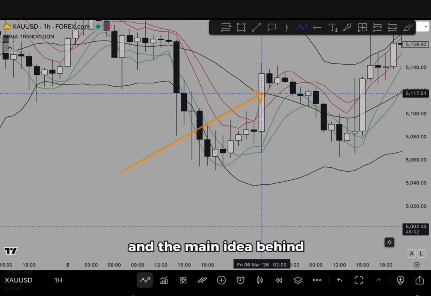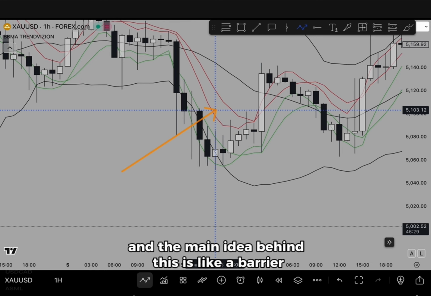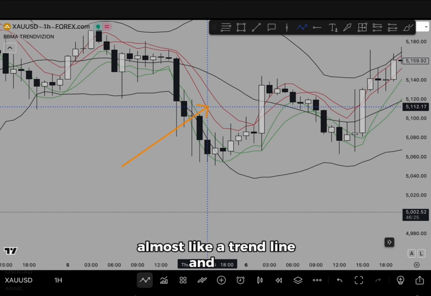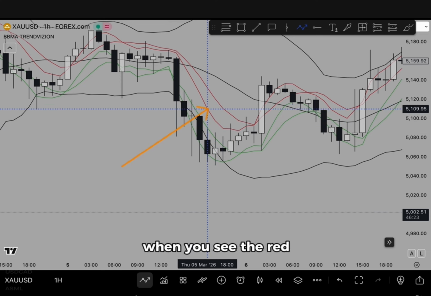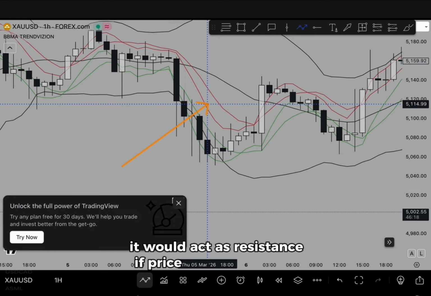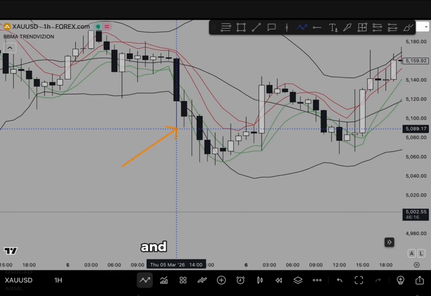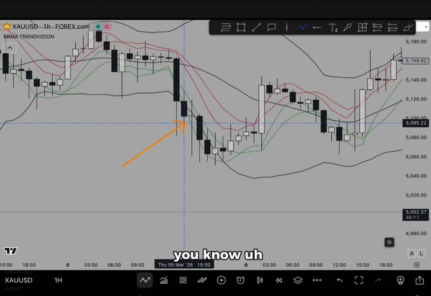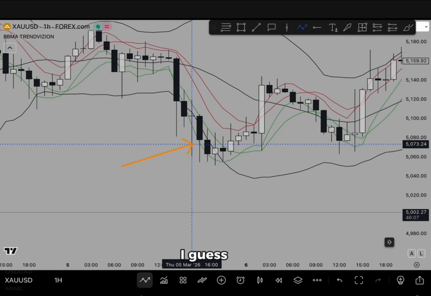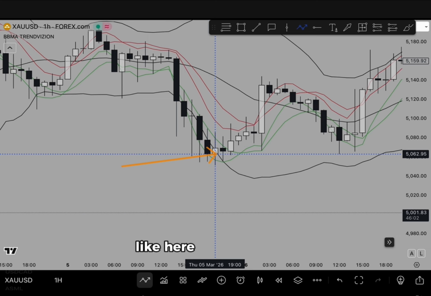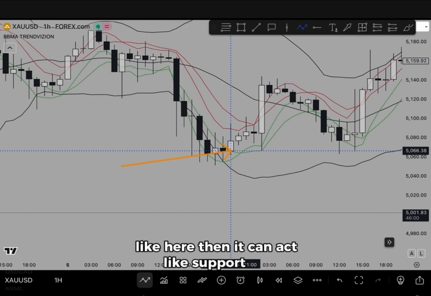The main idea behind this is like a barrier, almost like a trend line. When you see the red moving average here, it would act as resistance if price goes downwards, and the green moving average would act as, well, not as support, but if price doesn't continue to break it, like here, then it can act like support.